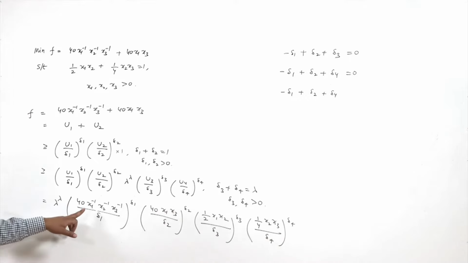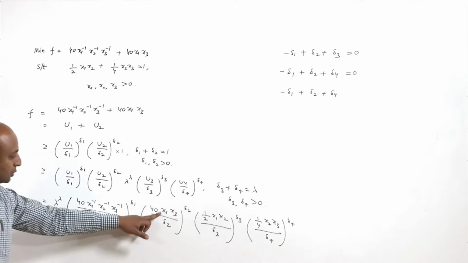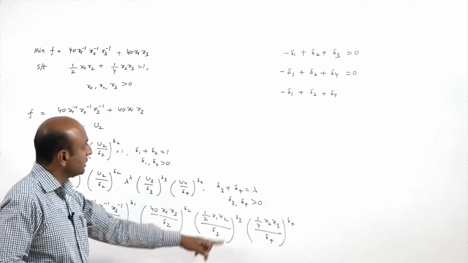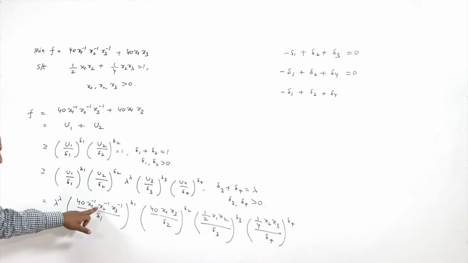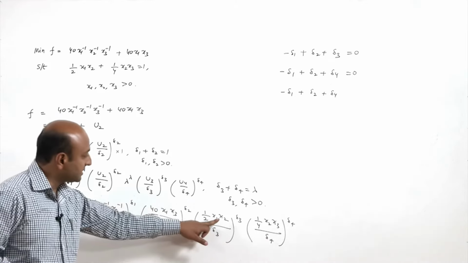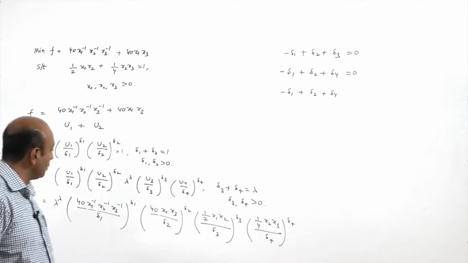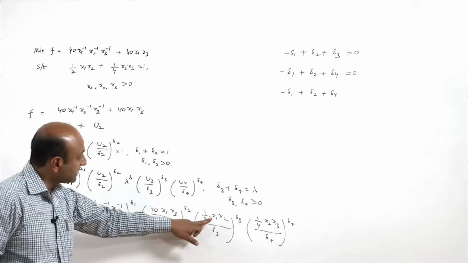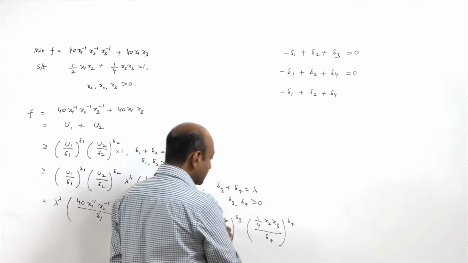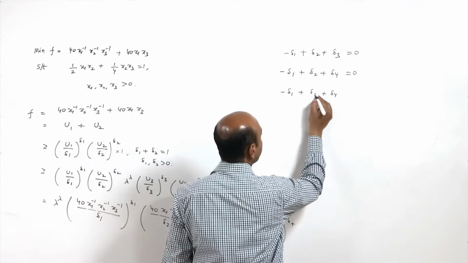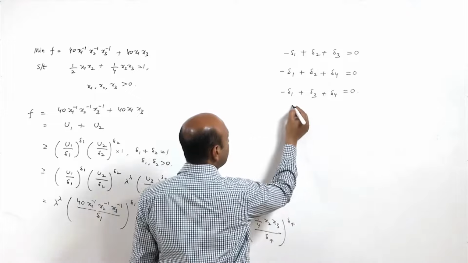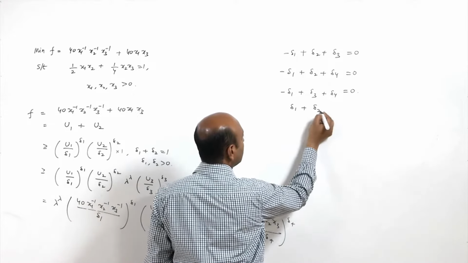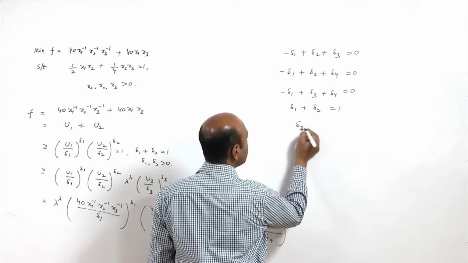Power of x1 is minus delta 1 plus delta 2 plus delta 3 equal to 0. Power of x2 is minus delta 1 plus delta 3 plus delta 4 equal to 0, and delta 1 plus delta 2 equal to 1, and delta 3 plus delta 4 is lambda.